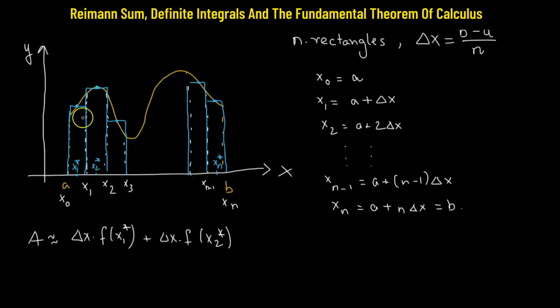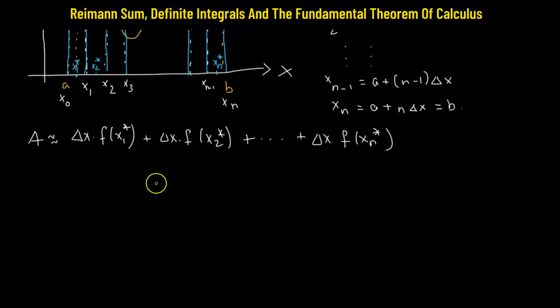Why f of x1 star or f of x2 star? Because if we look at the diagram, this is going to be the height of the rectangle, so its corresponding y value is f of x1 star. For the second rectangle, this is its height, which will be f of x2 star. So if we complete the entire sum, we will have, finally, delta x times f of xn star.